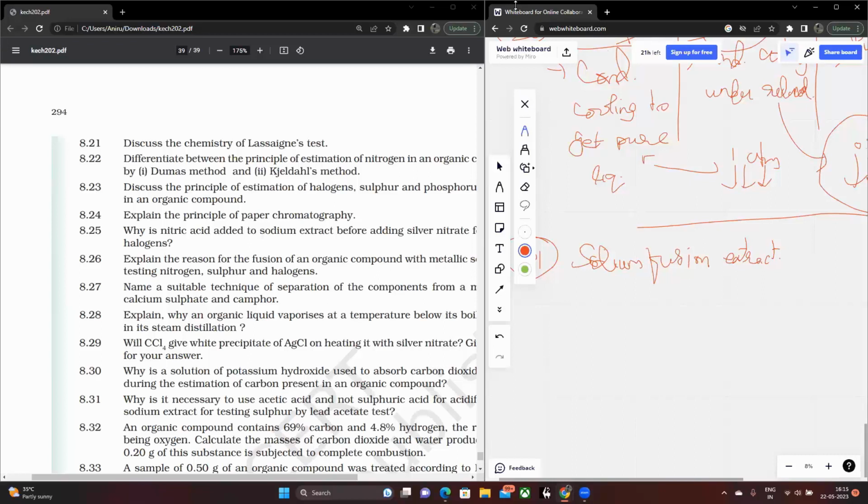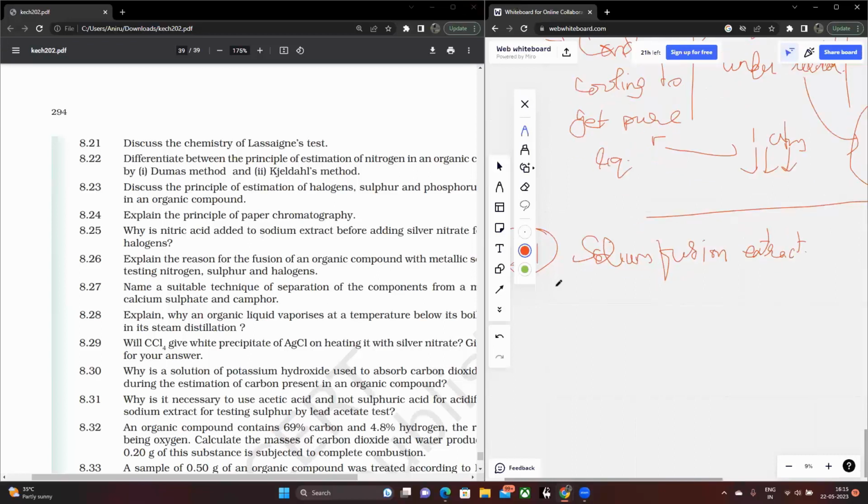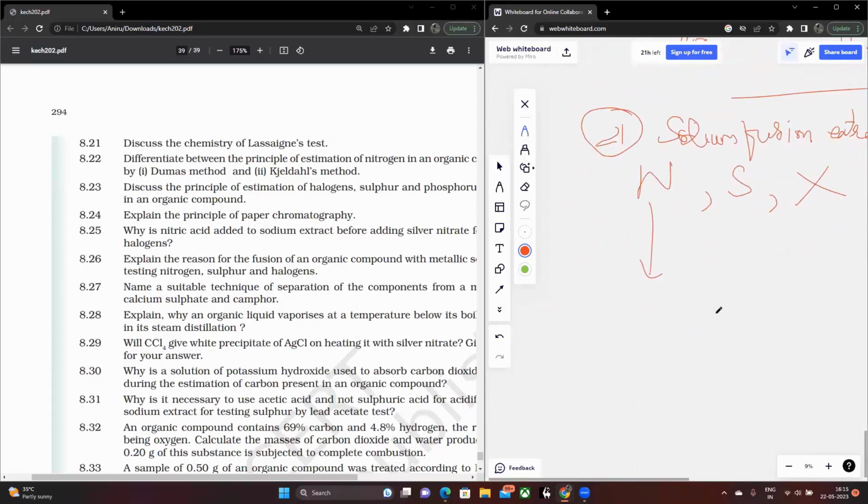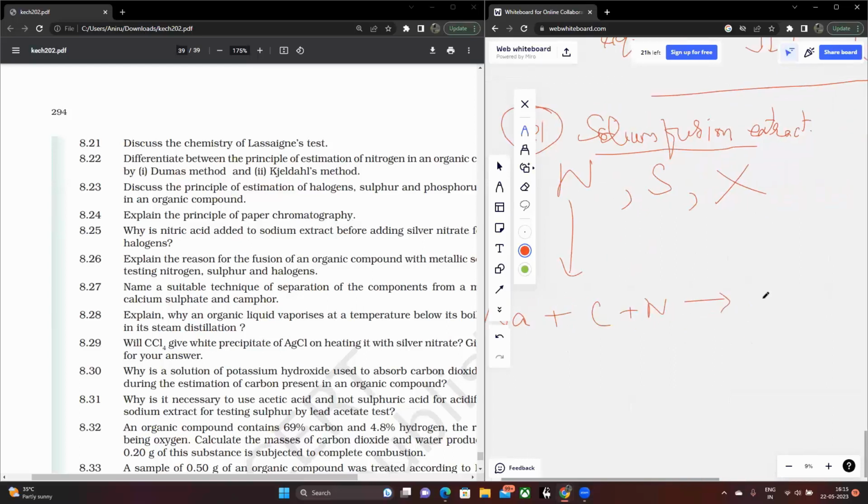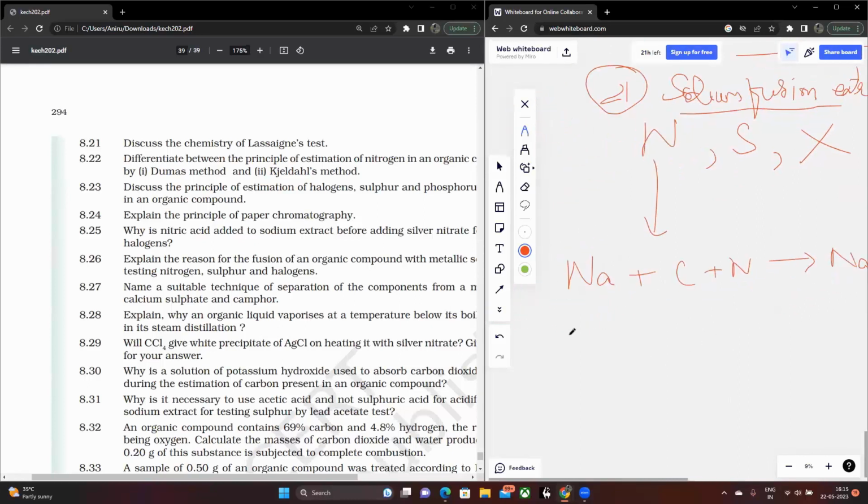Right. Lassen's test occurs for nitrogen, for sulfur, and for halogens. For nitrogen, you boil the sodium fusion extract with ferrous sulfate. If your compound contains nitrogen, since it's organic, it also contains carbon, so this becomes NaCN.